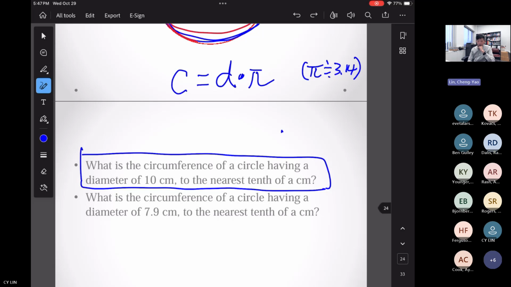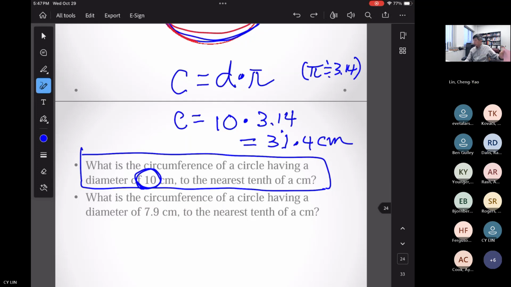Yeah, 3.14, and since the diameter is 10, therefore you take the circumference as 10 times 3.14. So you will have 31.4 centimeters. Did you get it right for this one?